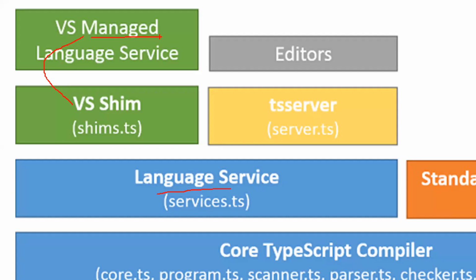You don't need to worry about that VS. Just the shim and that managed code. So this is basically how TypeScript works. And editor is the location where we write the programs, compile the programs, and run the programs. That means TypeScript supports different types of editors.